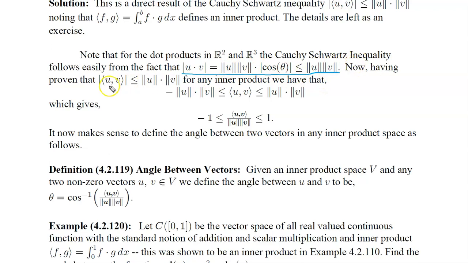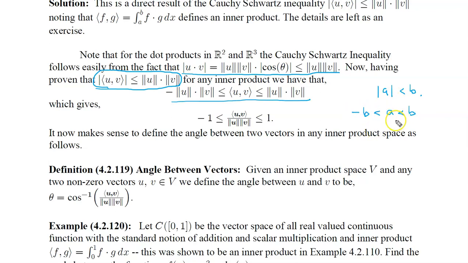Now, having proven that this right here, which is our Cauchy-Schwarz inequality, holds for any inner product, what we can do then is rewrite this inequality like this. Remember, if you have the absolute value of a is less than b, that's the same as saying that a is less than b and greater than negative b.